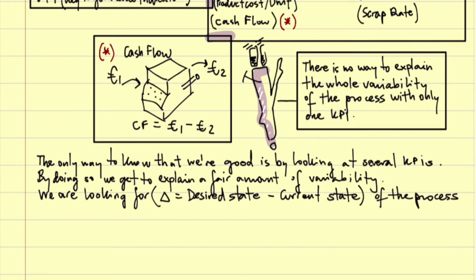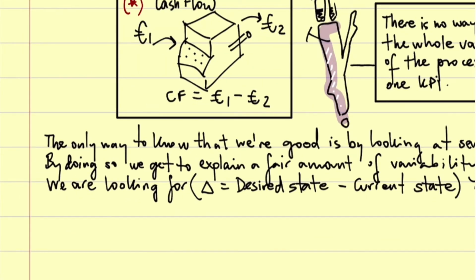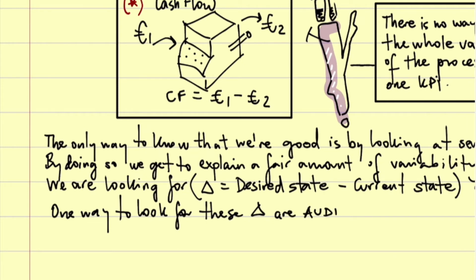Okay. So we are going to look at these deltas, and one way to look for these deltas are audits. Okay, it's to perform an audit.